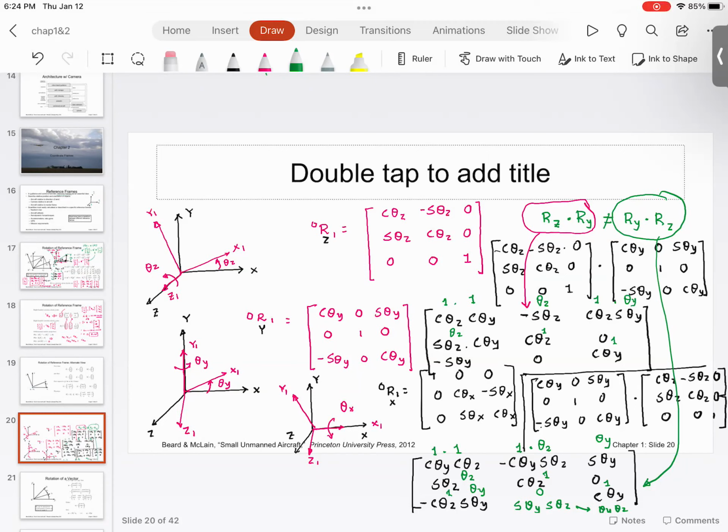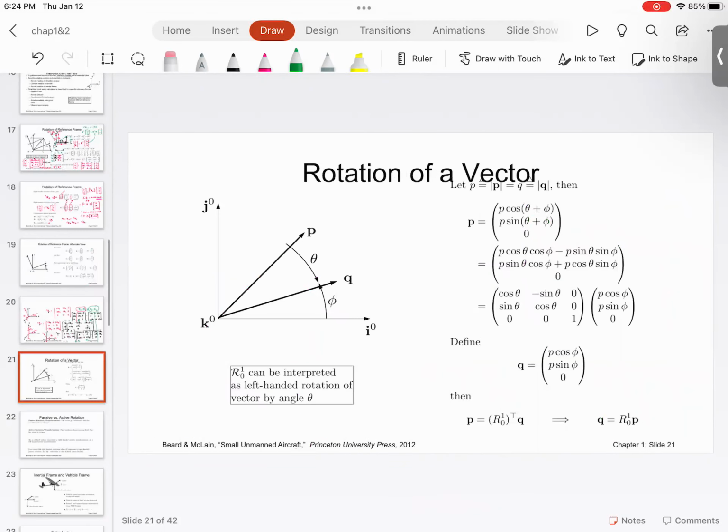There is one thing I want to talk to you about. The reason I want to tell you this is because if you took my Robotics 1 class, I did not explain this, but this is another cool way of understanding the rotation matrices. At the end of the day, what is this rotation matrix doing?